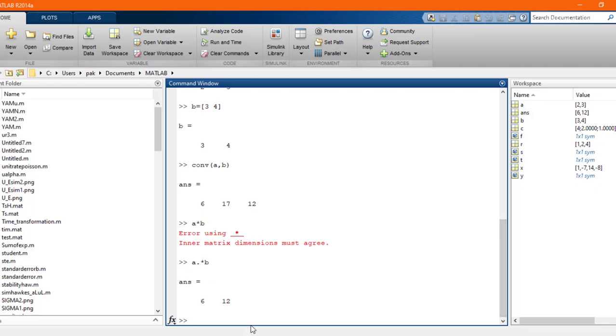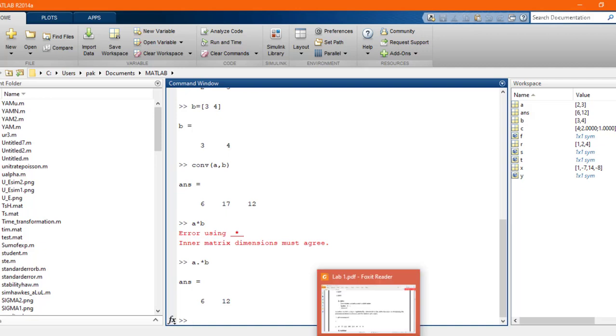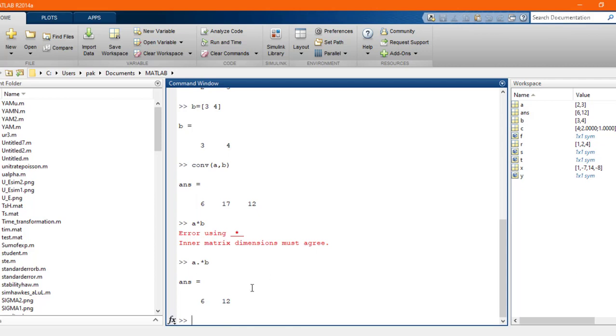So these are the convolve, asterisk and dot asterisk commands, and the convolve command is used for 2 vectors. And when you need to multiply point by point, you will use dot asterisk, and if you need to multiply them like vectors, then you will use A asterisk B transpose.